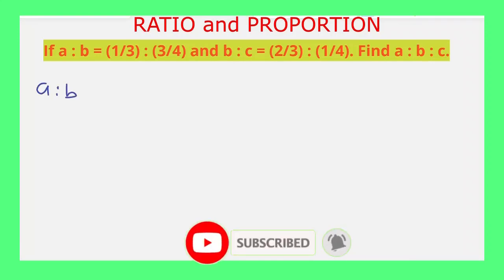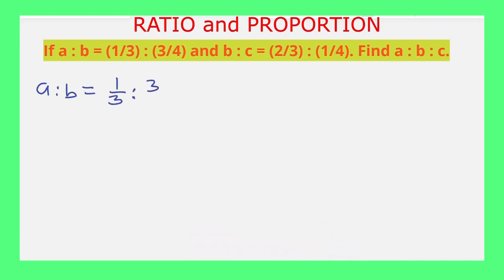A ratio B is equal to 1 upon 3 ratio 3 upon 4. Now we have to convert these fractional values of A and B into whole numbers. So if we take the LCM of the denominators, which are 3 and 4, the LCM of 3 and 4 is 12.